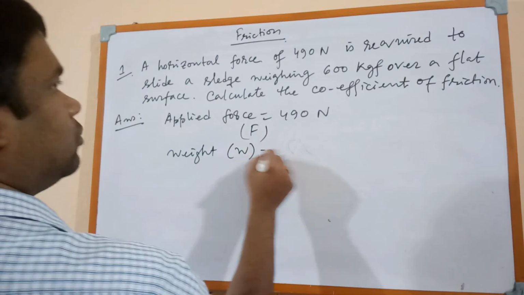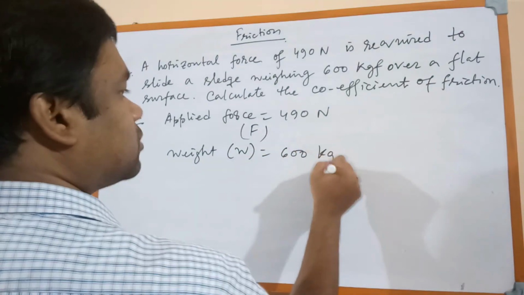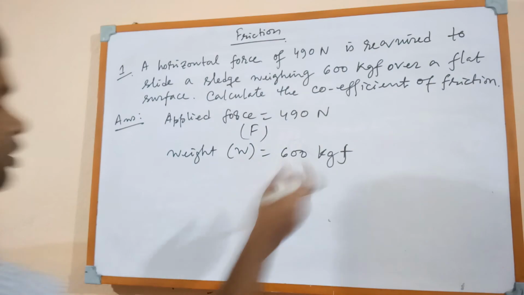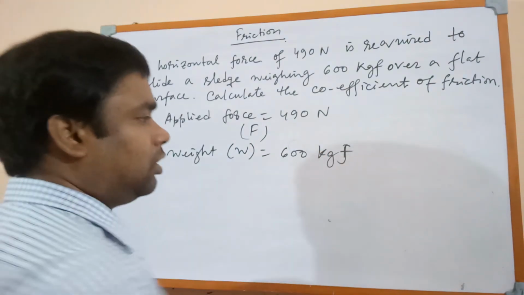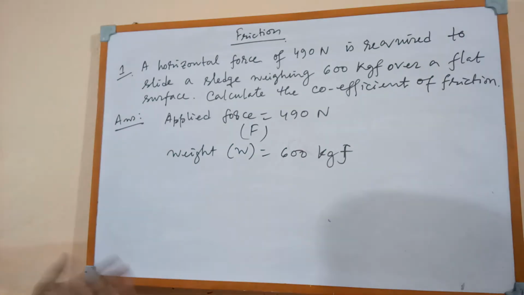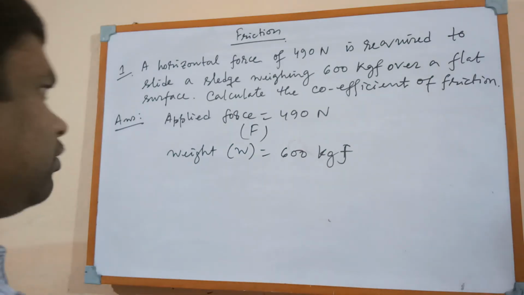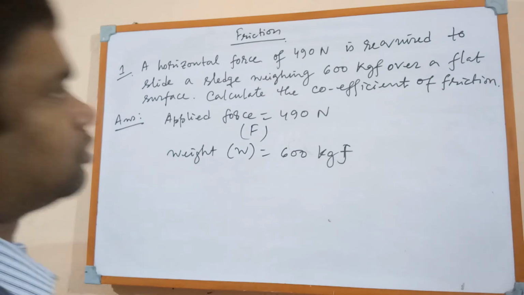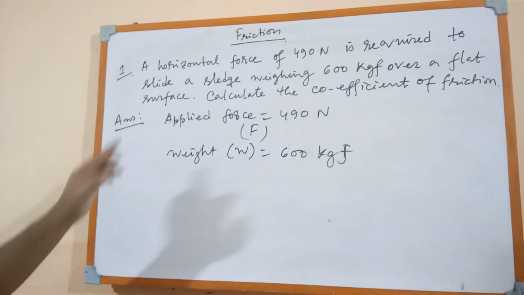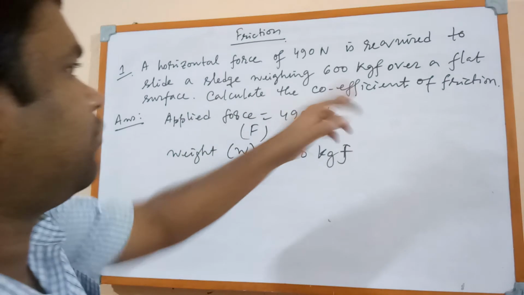The kilogram force is the unit of force given in gravitational units; that is, kilogram force is called the gravitational unit of force, and Newton is called the absolute unit of force. And we have to calculate the coefficient of friction.